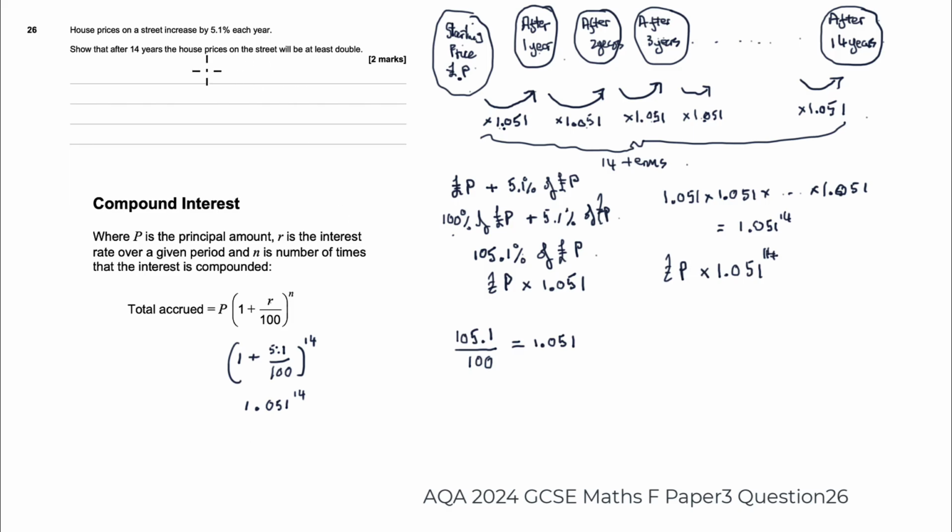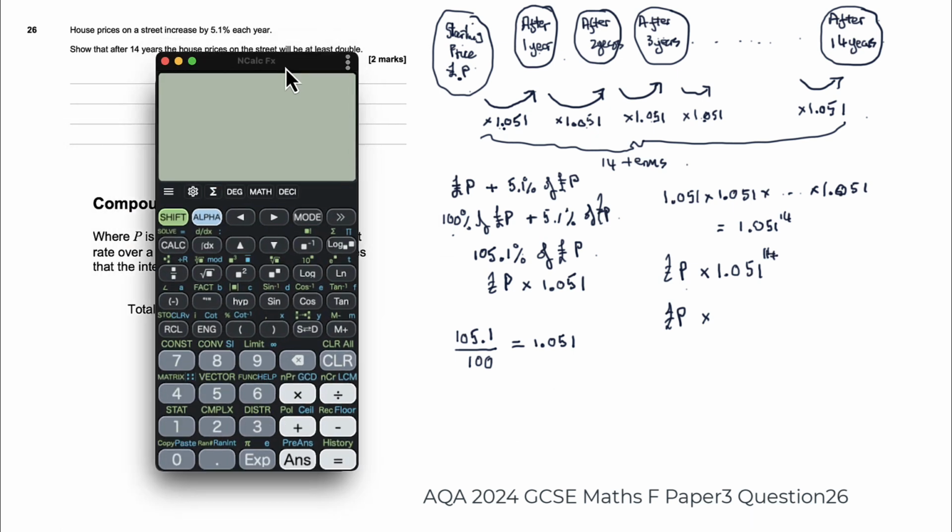Now, we're asked to show that after 14 years the house prices on the street will be at least double. So what are we multiplying this initial price by? Let's use the calculator to work out 1.051 to the power 14. So it's 1.051. Now, on my calculator, raised to the power, you should find out in yours where that button is.